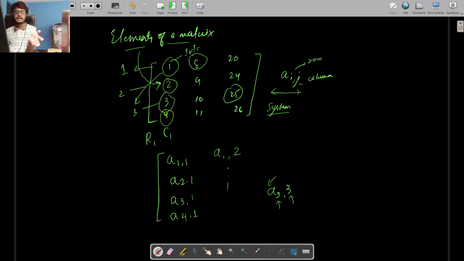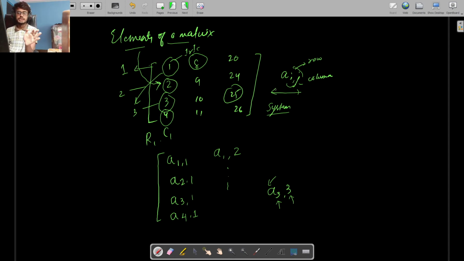One student may write i as row and j as column, but someone else may write j as row and i as column. That will be a big problem to the person who's correcting the paper. So what they do is they put a standard alphabet for representing certain values. It's not a hard and fast rule.